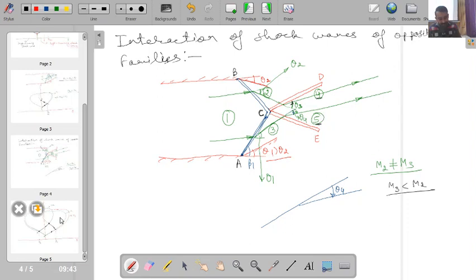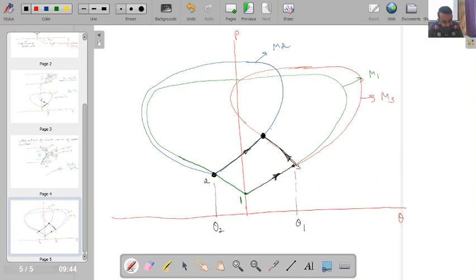So what I am saying is that after these two reflections, both of these waves are actually going at single angle of, say this angle is 5. Okay, so these streamlines will be nothing but parallel. So this is my point 4 and this is also point 5.